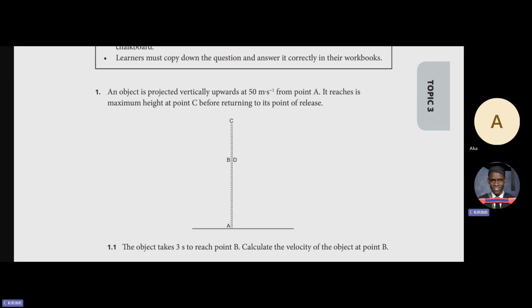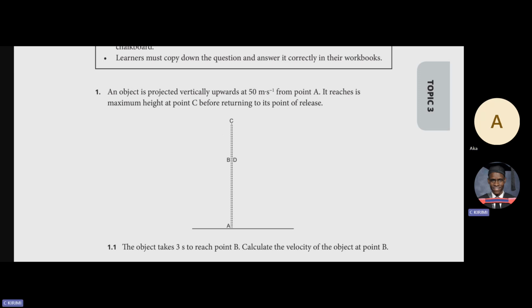That is your V initial from point A. So this object was thrown vertically upwards at 50 meters per second from point A. It reaches a maximum height at point C. So you know at maximum height at point C, the velocity is 0. Before returning to its point of release, first it goes up, now it's coming back from C to A.